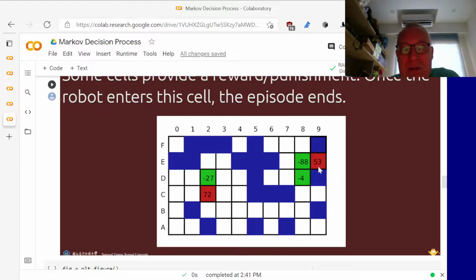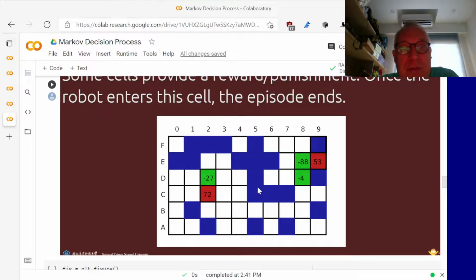If it enters E9, it gets 53. But if it enters E8, then it has to pay 88. D8 has a penalty of 4, and D2 has a penalty of 27. This domain is just generated randomly.